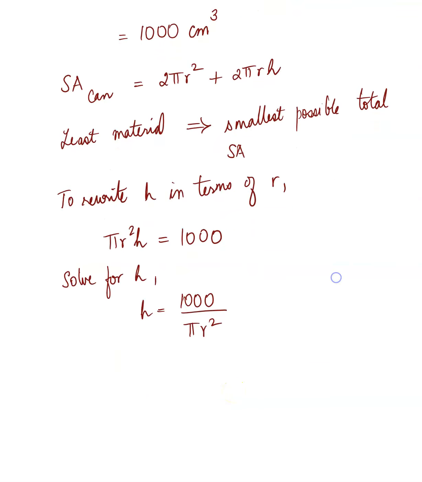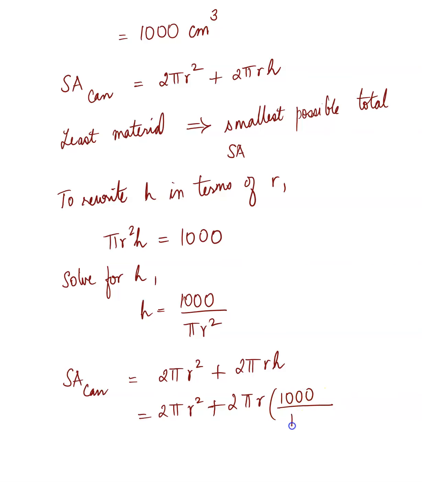And this is good enough for us to take it back to the surface area formula. Surface area of a can is 2 pi r squared plus 2 pi r h, and in the place of h you're going to plug in what you just figured, 1000 over pi r squared.